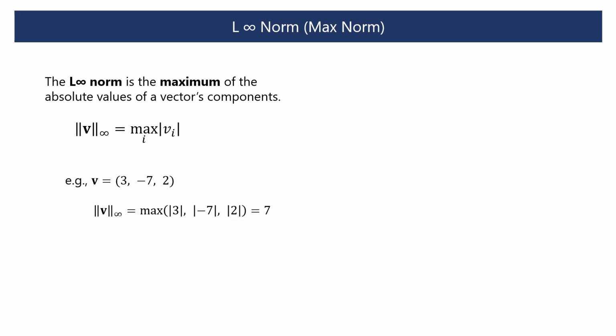For example, if the elements of our vectors are 3, minus 7, and 2, the L infinity norm of vector v can be computed in this way. It is 7. Compared to L1 and L2 norms, the L infinity norm is also computationally simple and efficient to evaluate.